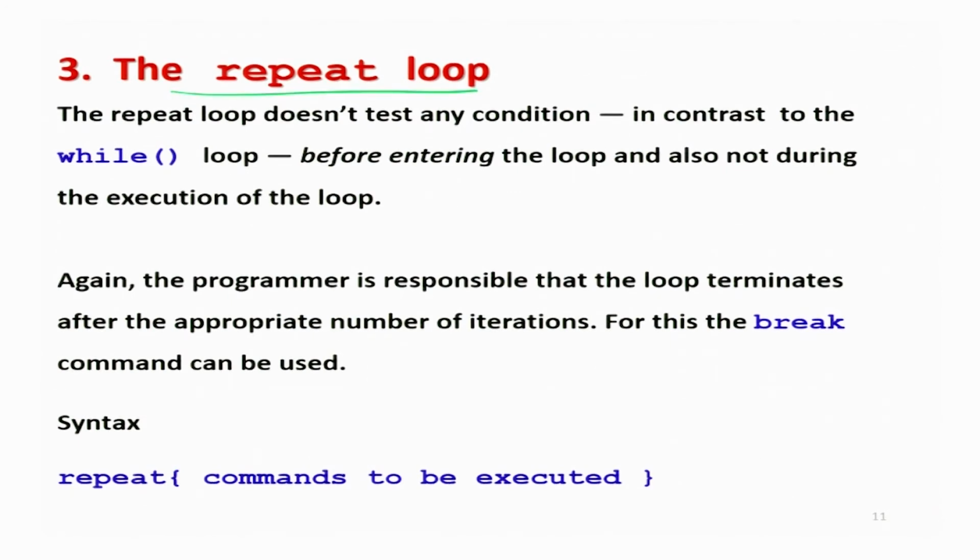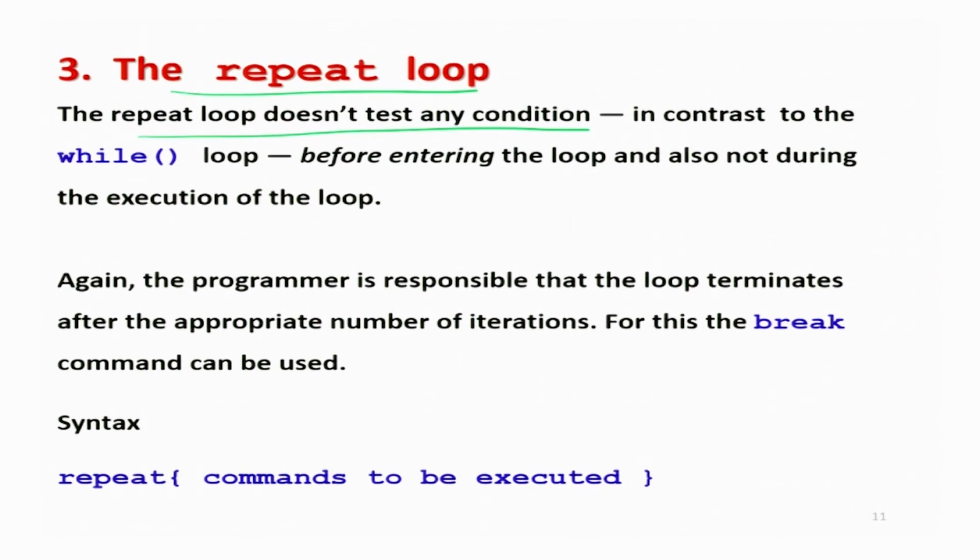Now, in the case of for and while, you have seen that they are dependent on the condition, that how many times the function has to be or the commands have to be repeated, that is known or unknown. Now, this repeat loop is independent of these conditions, right. And repeat loop does not test any condition, for example, in the case of while loop, right.